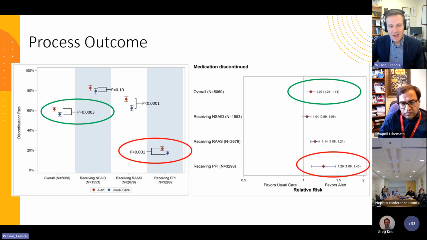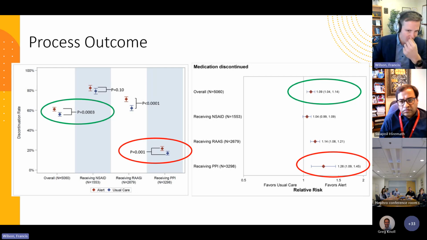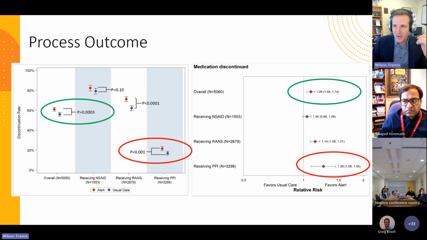And I'll highlight proton pump inhibitors down here. No surprise that these overall are discontinued less than the others because it's just not in people's heads to stop proton pump inhibitors in the face of AKI. But on the relative scale, it was the largest increase. The effect of the alert was the largest among the proton pump inhibitors.